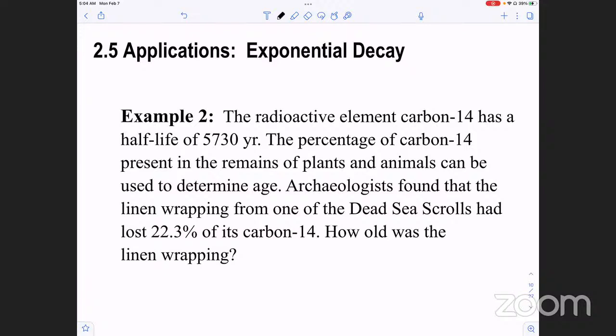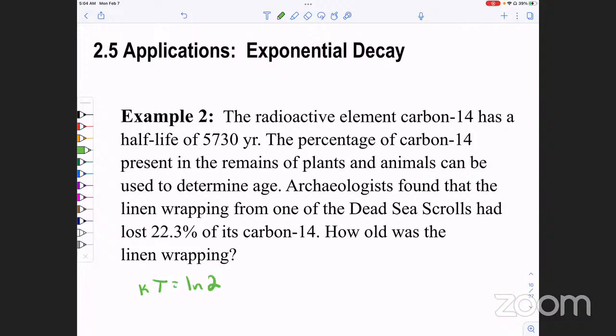How old was the linen wrapping? Okay, so for me to remember, if we're doing the half-life formula, kT equals the natural log of 2, right?